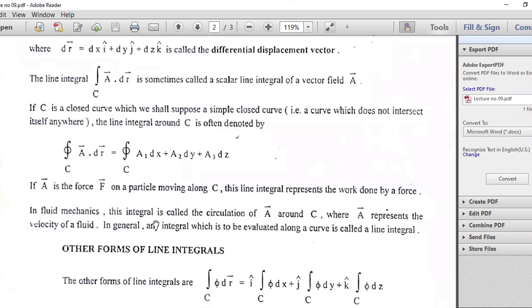In fluid mechanics, this integral is called the circulation of A around C. Students, in third and fourth semester, you study the course fluid mechanics, and in fluid mechanics this integral is called the circulation of A around C, where A represents the velocity of a fluid. In general, any integral which is to be evaluated along the curve is called a line integral.